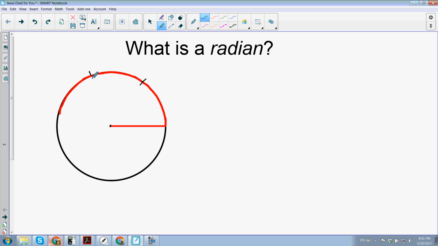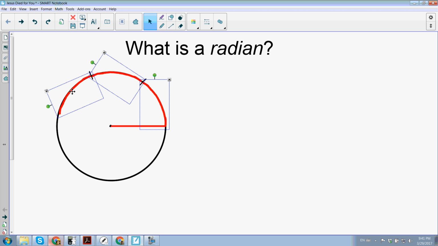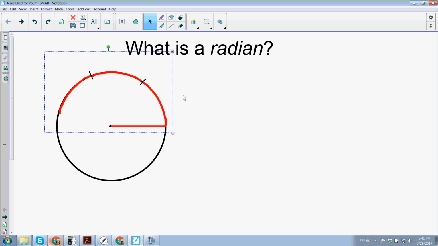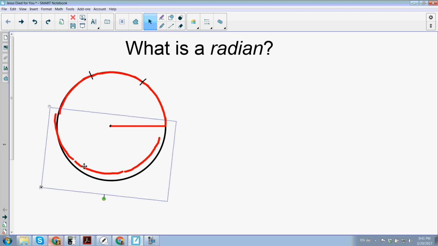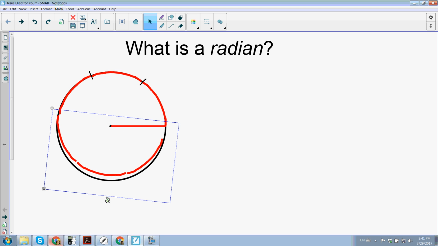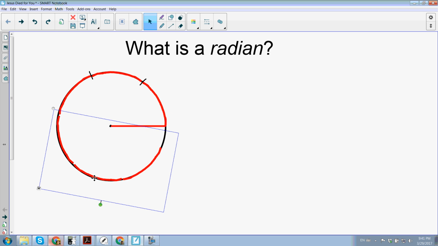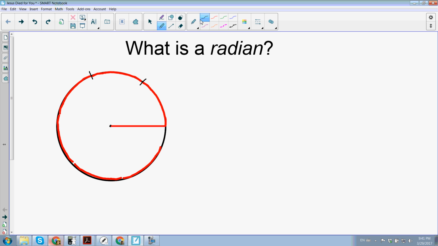And you notice that it takes, well, let's see, how many of those radius lengths does it take to get all the way around the circle? I must say I did a pretty good job of making this accurate.